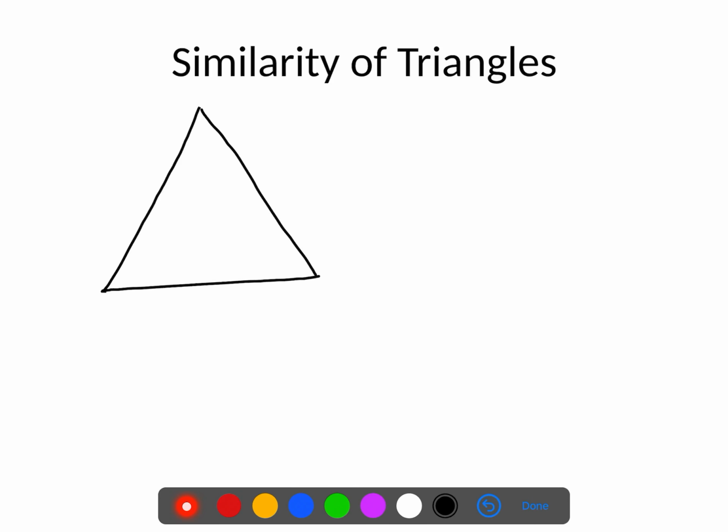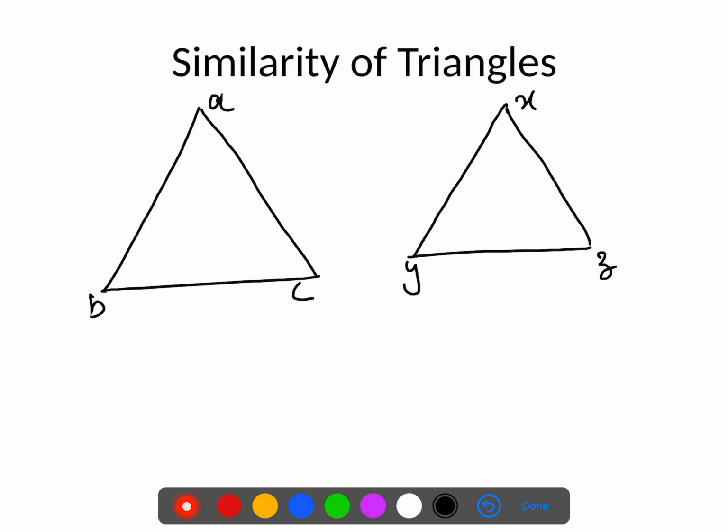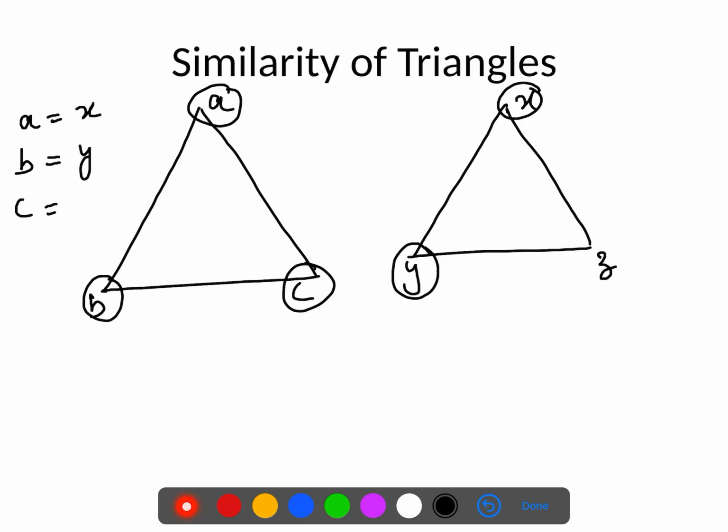So let's say we have these two triangles, ABC, XYZ. How can we say the triangles would be similar? If I know that angle A is equal to some angle in the other triangle, B, one more angle of this triangle, is equal to some angle of the other triangle, and one angle here is equal to another angle of the second triangle.